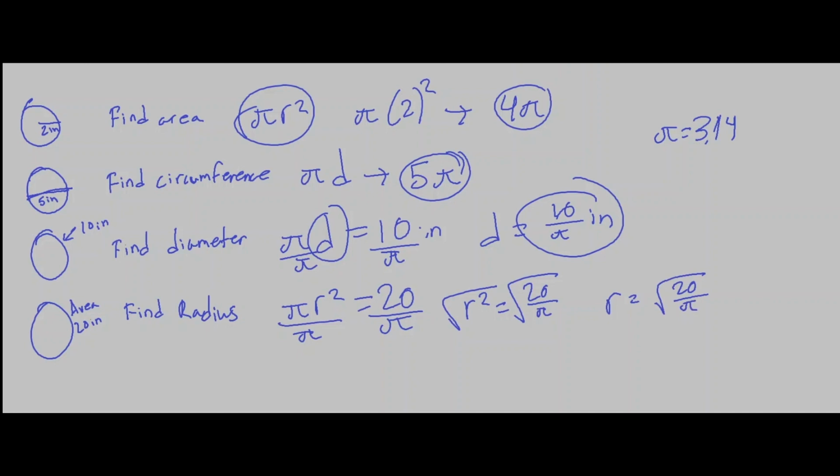If you were to put that in a calculator, that would give you approximately 2.52. In that case, that would be your final answer, but the square root of 20 over pi is also a viable answer.